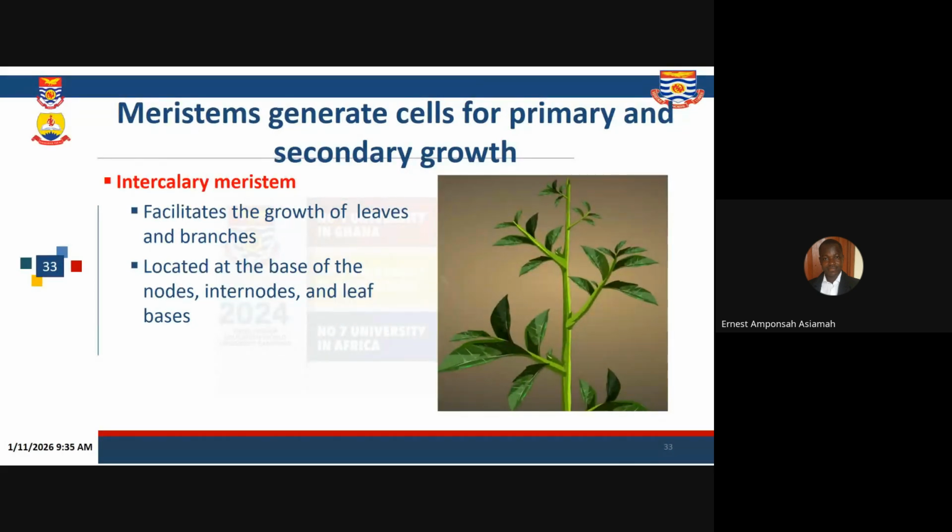The plants don't have many tissues, and we didn't cover much because there are other biology courses where you will be tackling various parts of the plant.